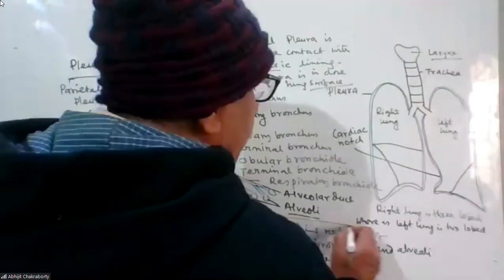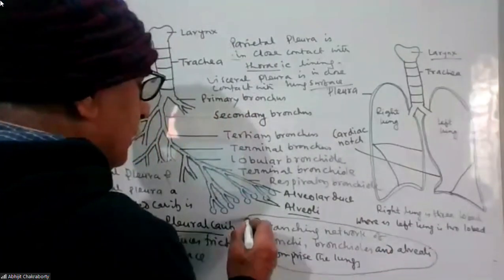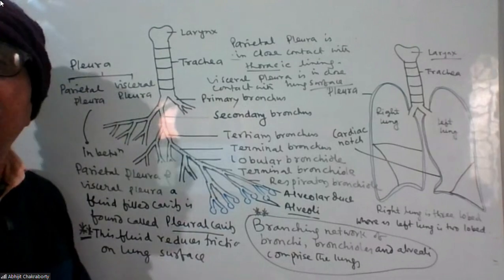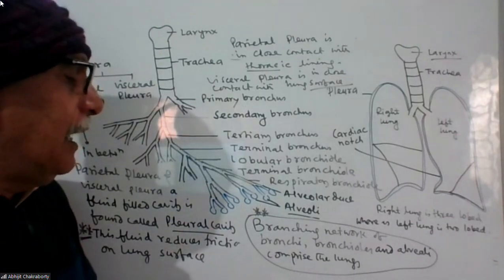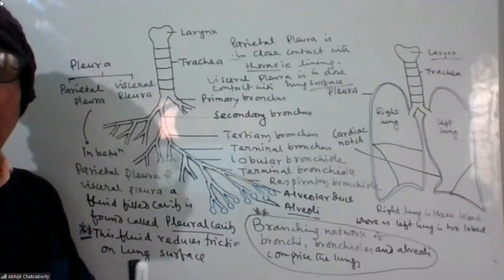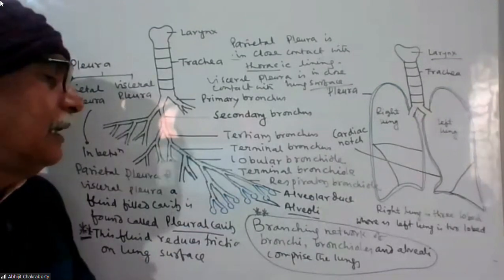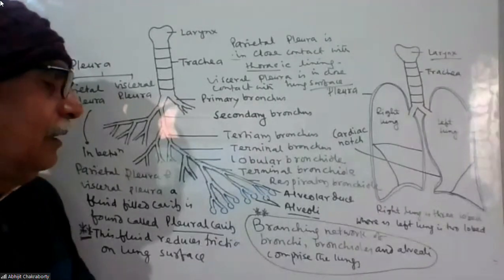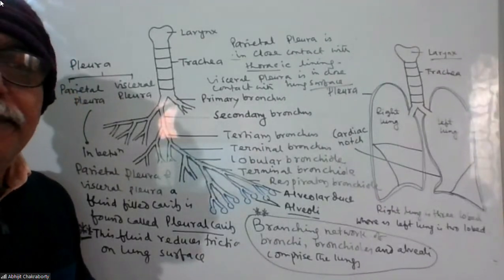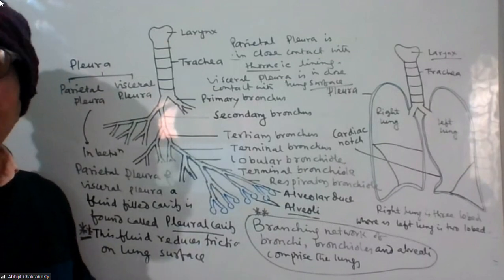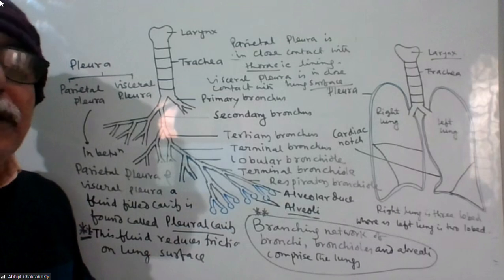And it is most important for the entrance exam. Directly it is coming in the entrance. The branching network of bronchi, bronchioles, and alveoli comprise the lungs. Clear? Is it clear? Now, up to this, any doubt?